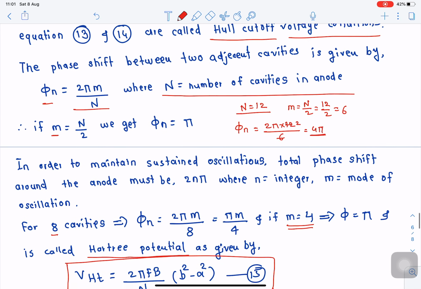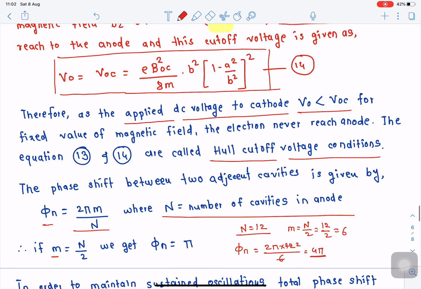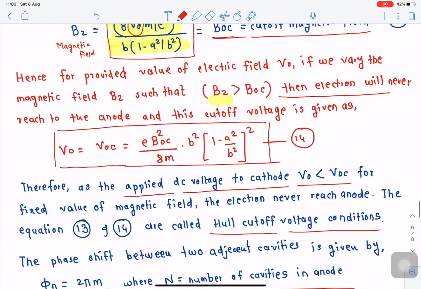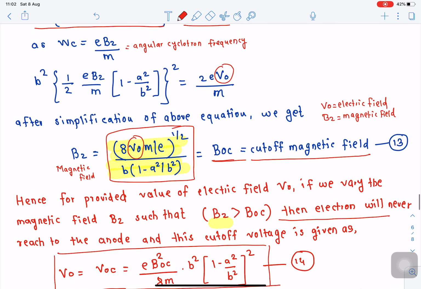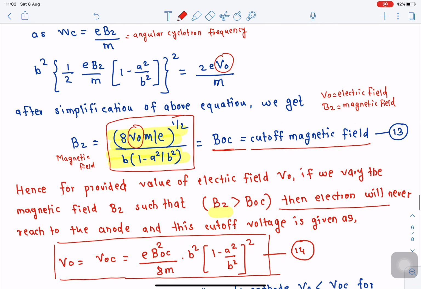We also saw the two analogous conditions to achieve the process of velocity modulation in the magnetron tube. These two conditions can be implemented either by keeping the magnetic field fixed and varying the electric field, or by keeping the electric field fixed and varying the magnetic field, in order to provide the condition of velocity modulation inside a magnetron tube.